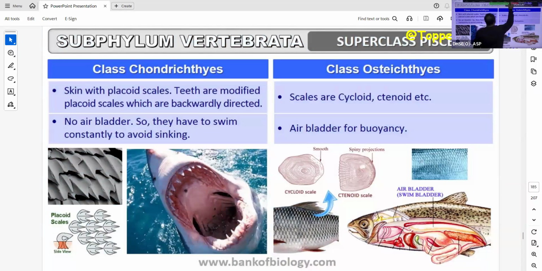Now क्या है इनकी special characteristic? ध्यान दो इधर. Placoid scales. देखिए, you can see it in this view. These are the placoid scales. इनको आप placoid scales बोलते हैं. ठीक है, placoid scales, ये बढ़िया. And these placoid scales are embedded in the skin.